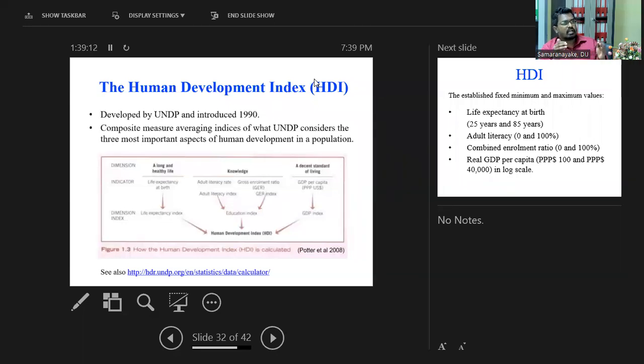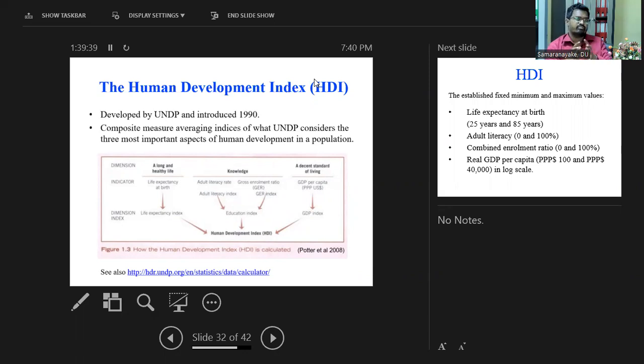And then for each dimension, they develop an indicator. A long and healthy life is reflected through life expectancy at birth. I think we all know what life expectancy at birth means, right? So life expectancy at birth reflects the long and healthy life according to their index.